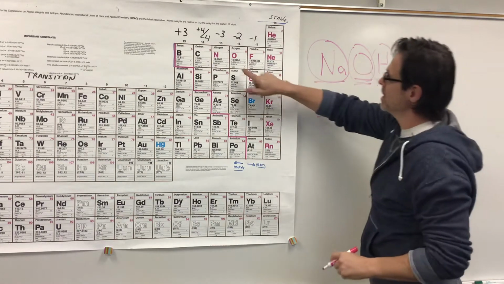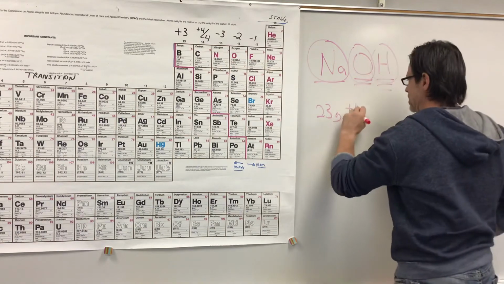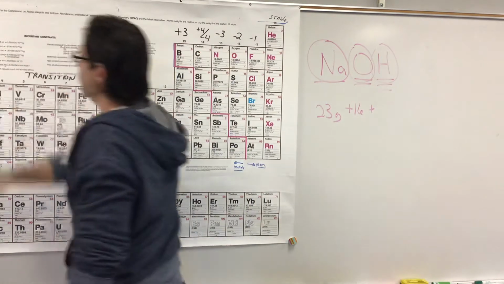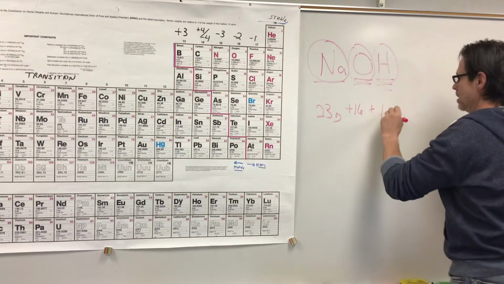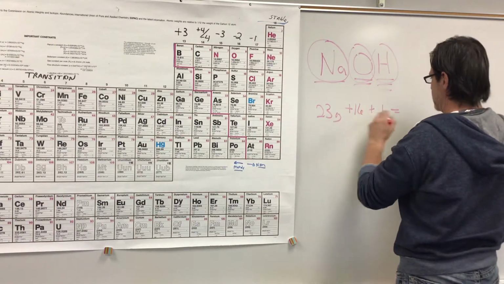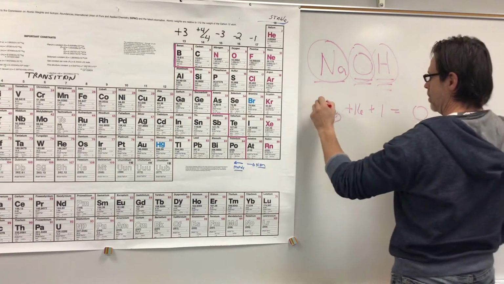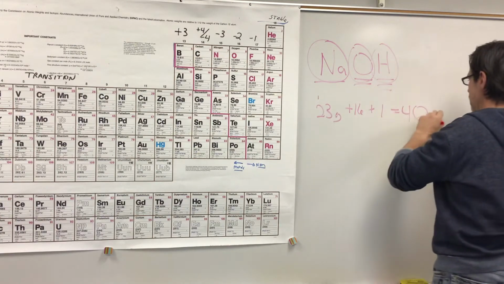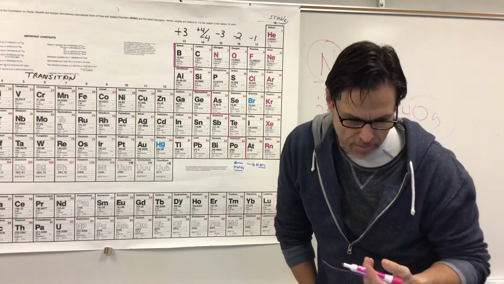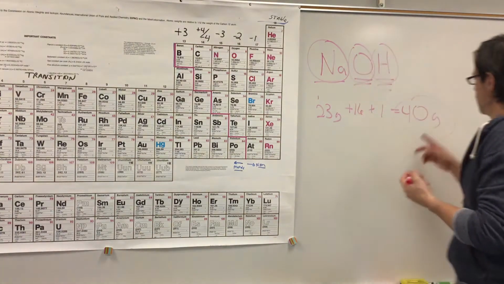Oxygen, O, is 15.9, so that'd be like 16. Hydrogen is 1.0. So 23 plus 16 plus 1, the total mass, the molecular weight, is 40 grams.